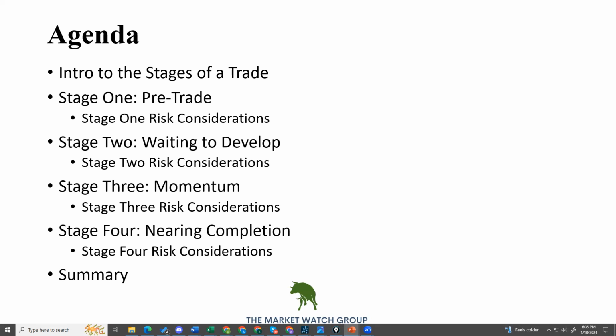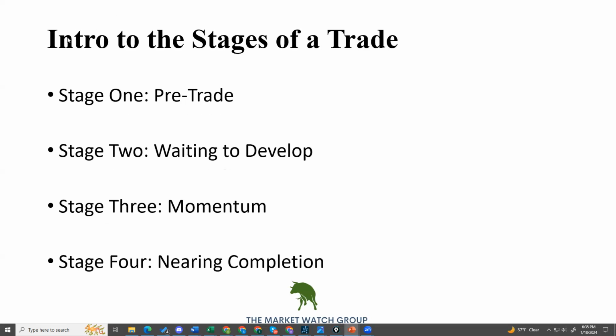Stage four is nearing completion. A few different ways that we can define nearing completion. But when you know you're getting to the tail end of a trade, what are your risk considerations now? And you can see that it's got to be different. They're so different, these different stages. What's happening and what am I seeing and what am I expecting? We'll sum it all up. That's our agenda.